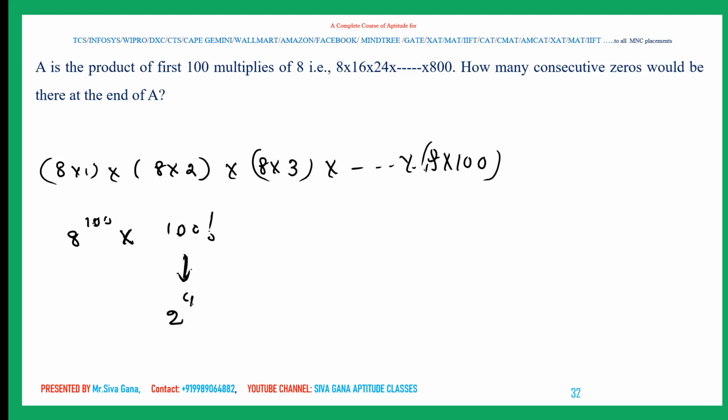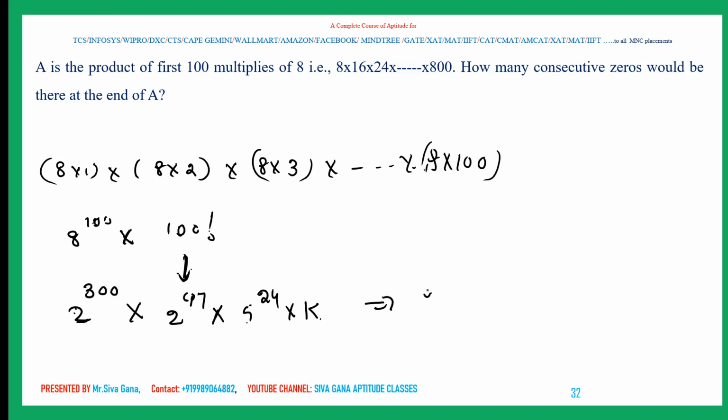Maximum power of 2 in 100 factorial is 97. Maximum power of 5 is how much? 24, and some constant will be there. Now 8 power 100 is nothing but 2 power 3 whole power 100, which is 2 power 300.